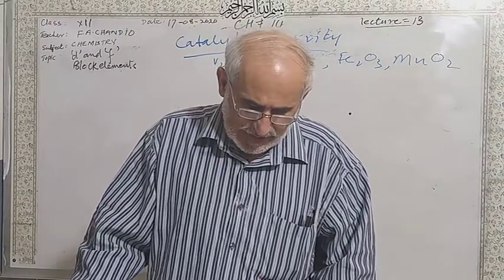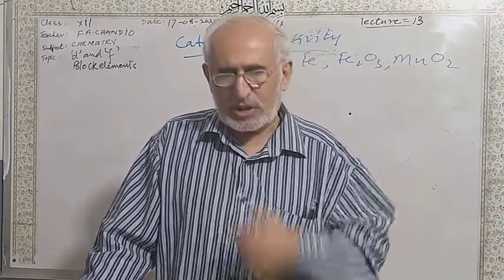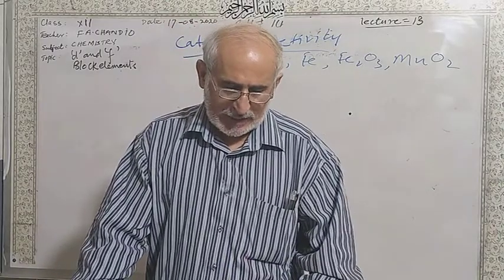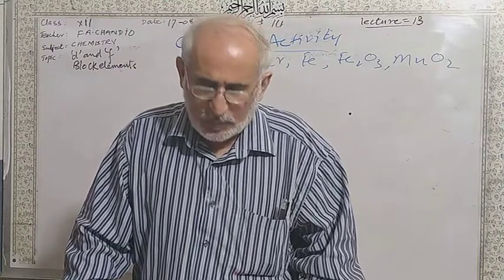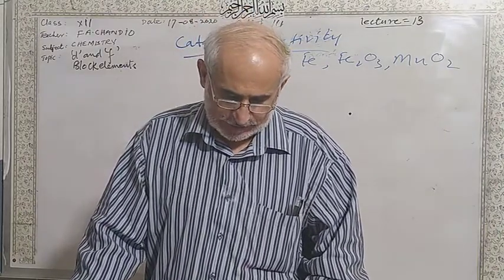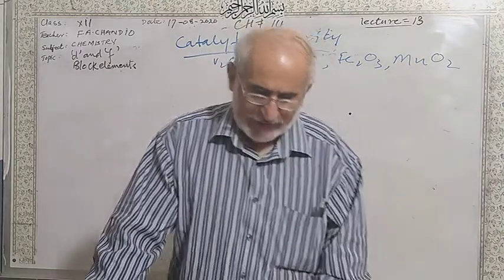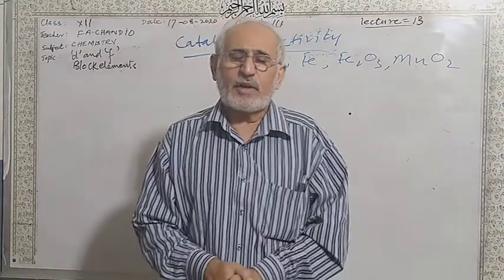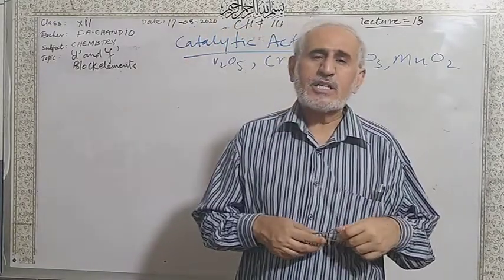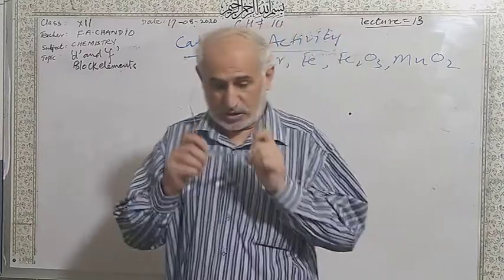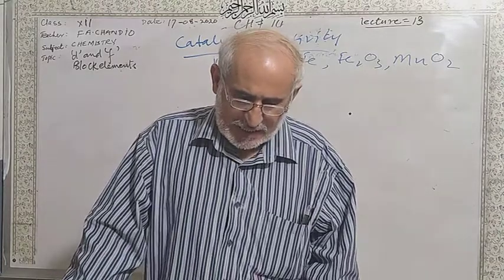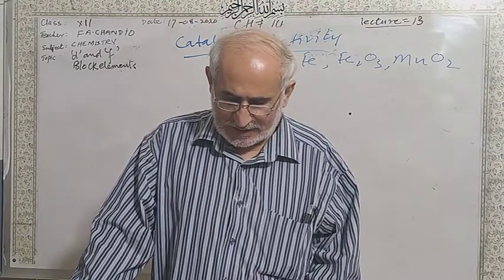Also, manganese dioxide is used as a catalyst for the decomposition of hydrogen peroxide. Titanium chloride is used as a catalyst for the manufacture of good quality plastics. Vanadium pentoxide is used for the oxidation of sulfur dioxide to sulfur trioxide for the manufacture of sulfuric acid in the contact process. Iron is used as a catalyst for the synthesis of ammonia in the Haber process.